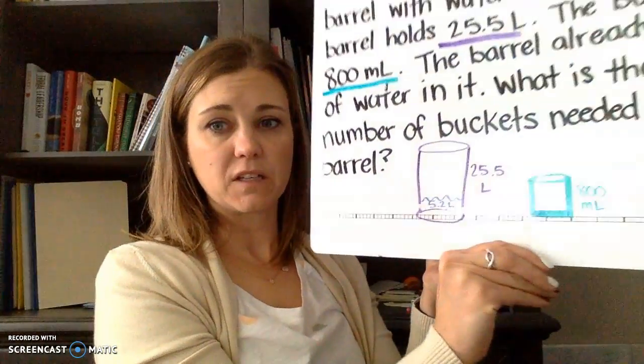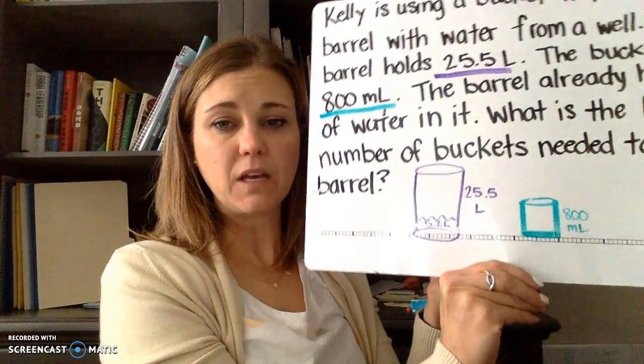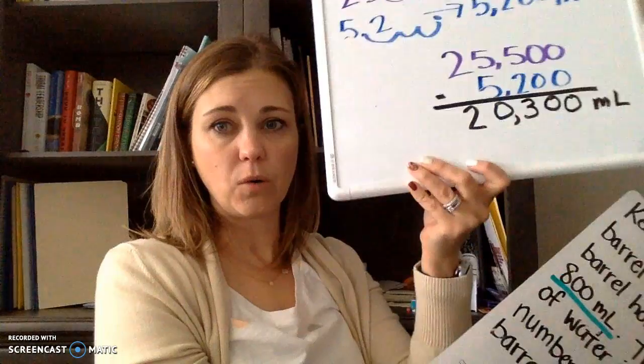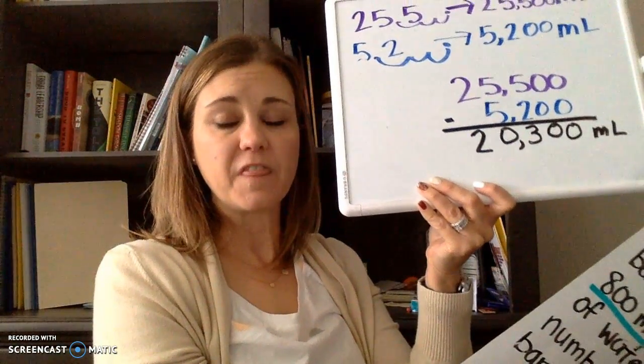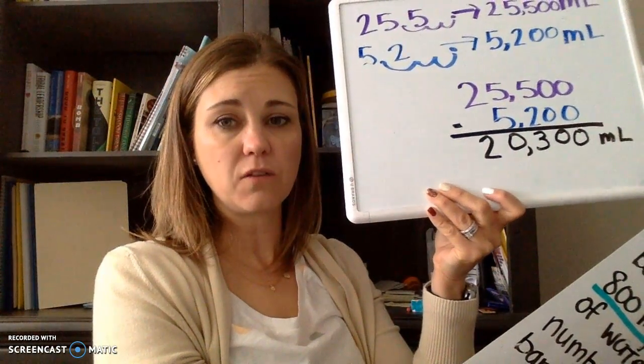We have our buckets, and we need to find out how many buckets will go into this number. That is division. We need to divide our numbers. So my 20,300, that is my dividend.